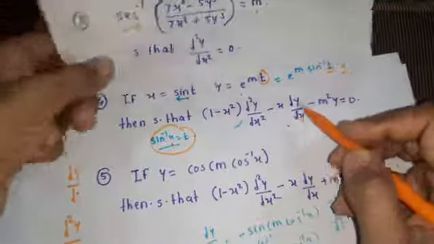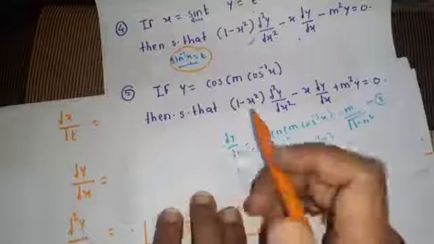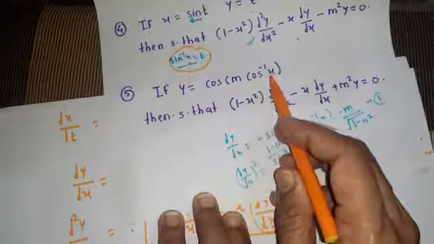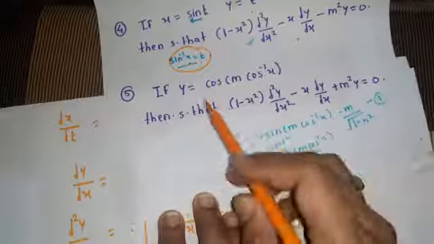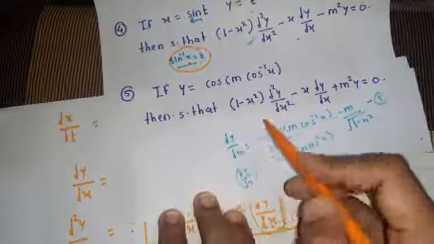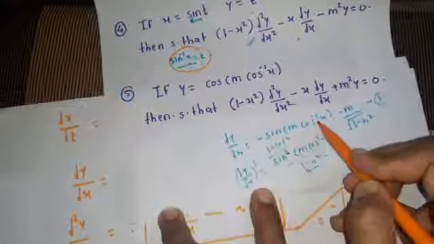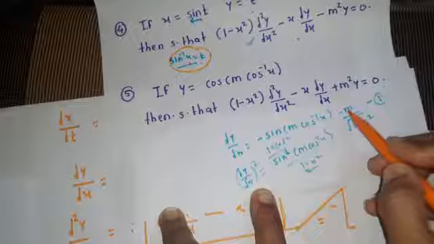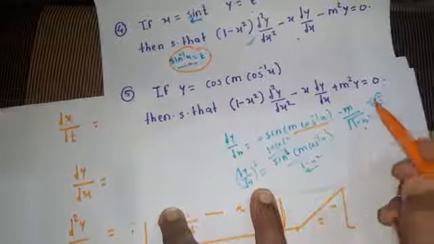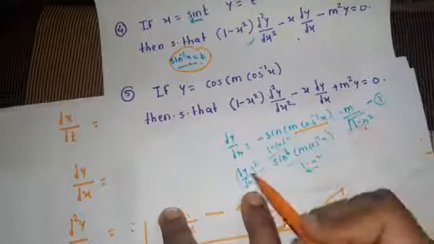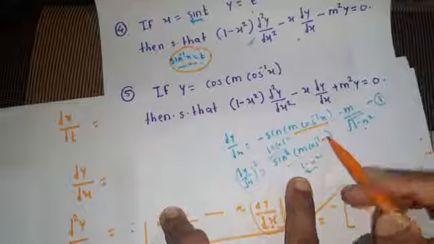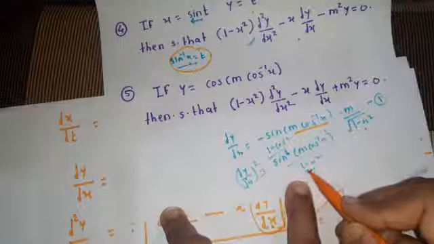Okay. Similarly here, the next problem is y equal to cos of m cos inverse of x. In this problem also, first directly differentiate the function, that is y with respect to x. You will get minus sin of m cos inverse of x into m, which is constant, and again differentiation of cos inverse of x. Then after squaring, you will get dy by dx whole square equal to sin square of m cos inverse of x upon 1 minus x square.